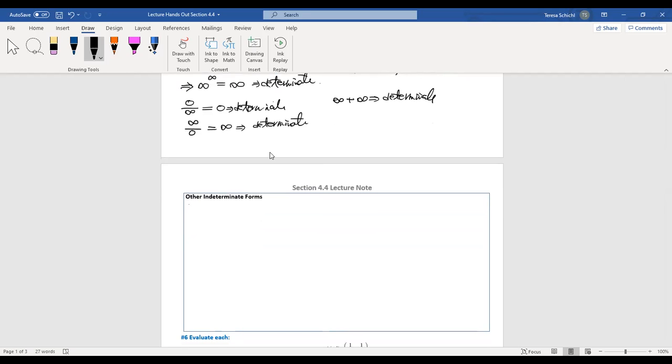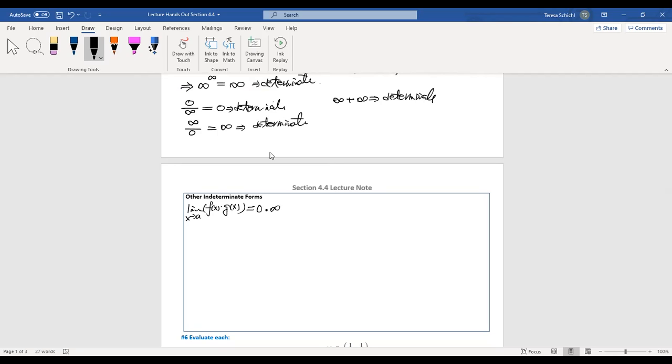The first one: if I have the limit as x approaches some value of f(x) times g(x), how about if one of them goes to 0 and the other to infinity? So 0 times infinity, we know is not determinate, okay?